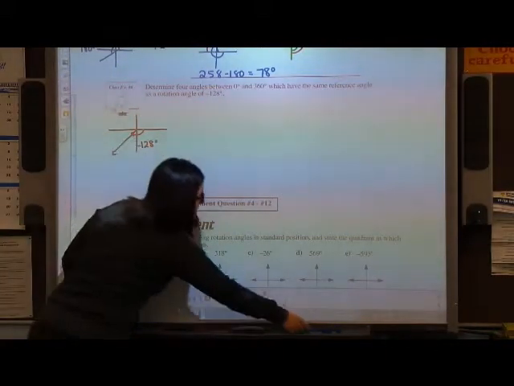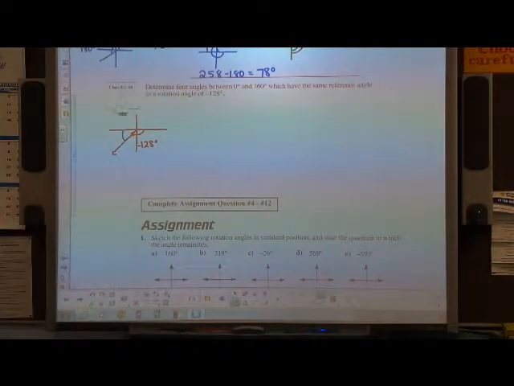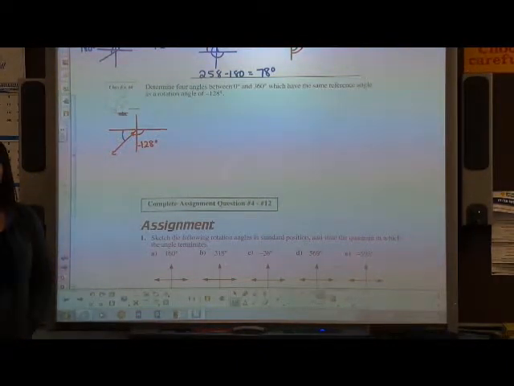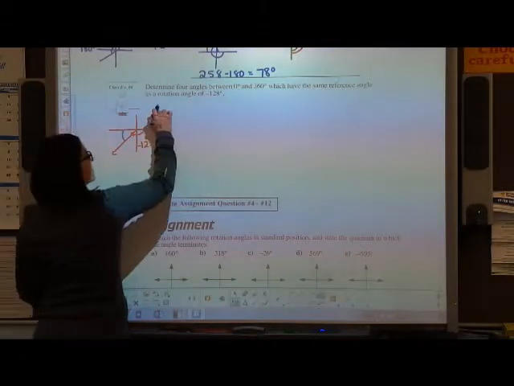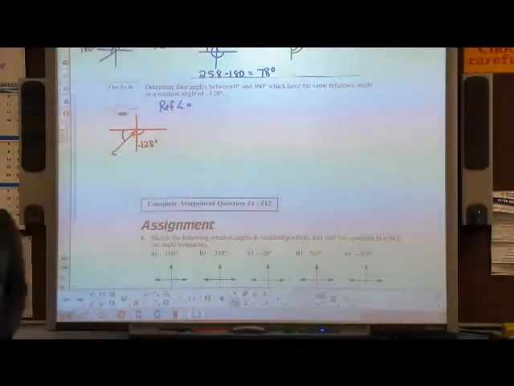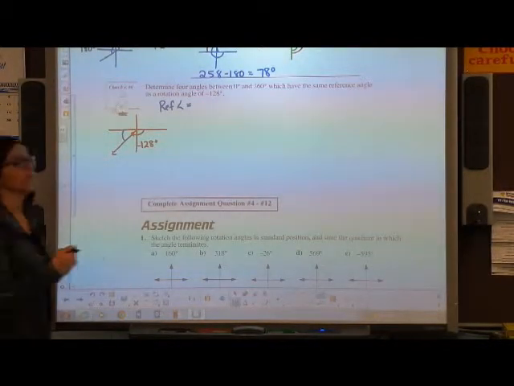So then my reference angle is going to be this piece right here. So how do I calculate my reference angle? How did you do it, Evan? You go 180 minus 128.